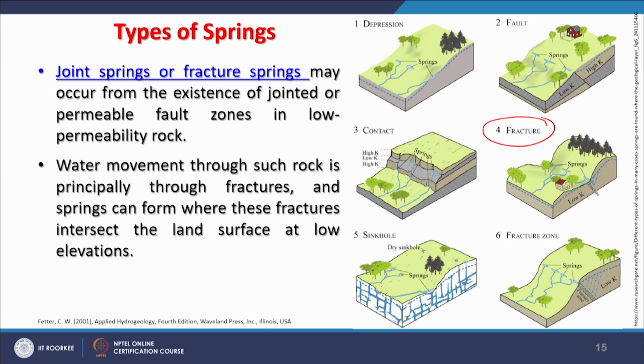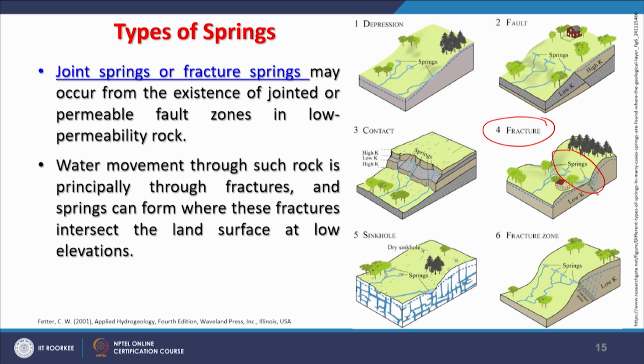In such a case the water movement through such rock is principally through fractures, and springs can form where these fractures intersect with the land surface at low elevation, and therefore, here you are getting the springs.